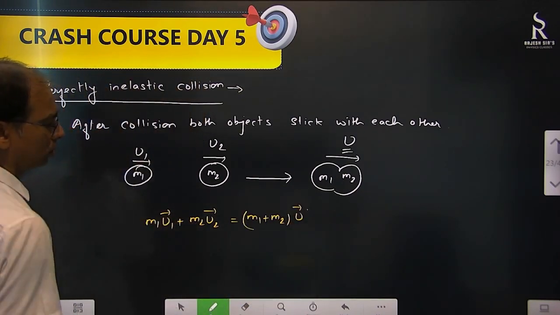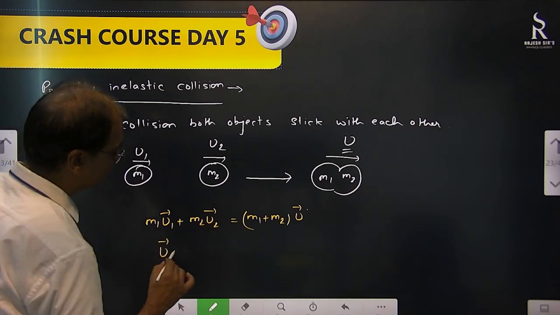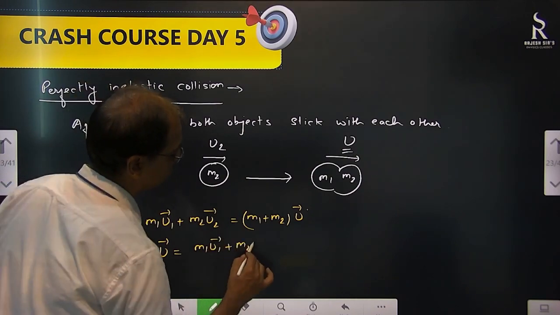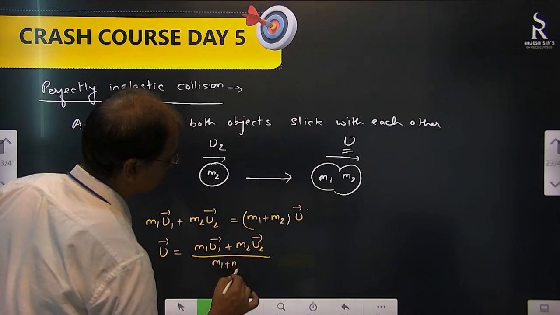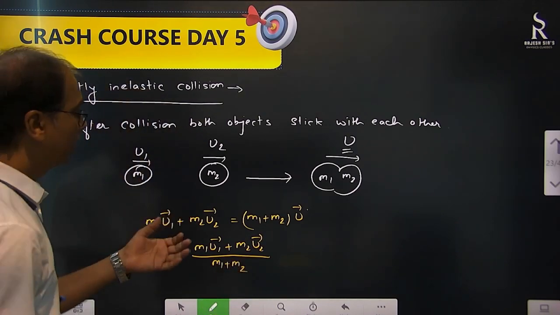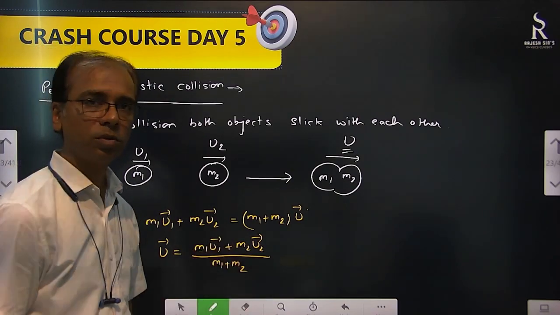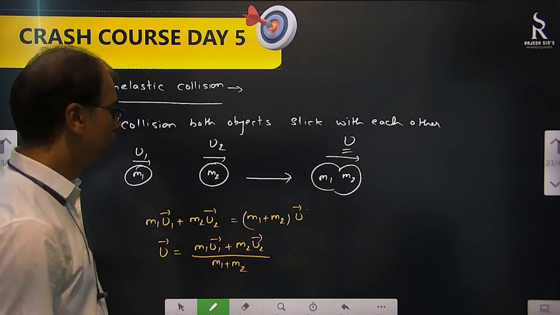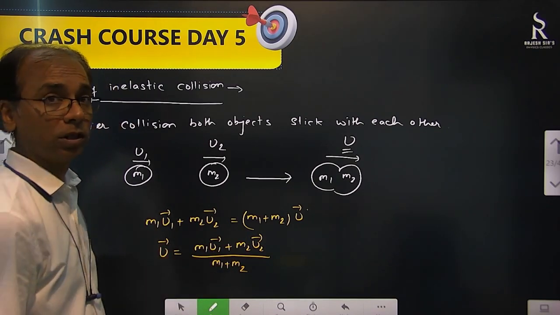What is u then? u equals (m1 u1 plus m2 u2) by (m1 plus m2). If they are all in the same direction as I have made, we can directly add. If they are vectors, we will see how to add them vectorially. So (m1 u1 plus m2 u2) by (m1 plus m2) is the velocity.